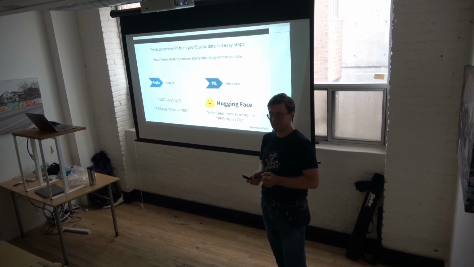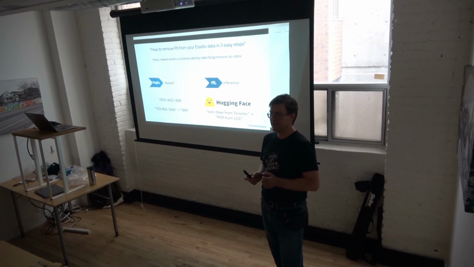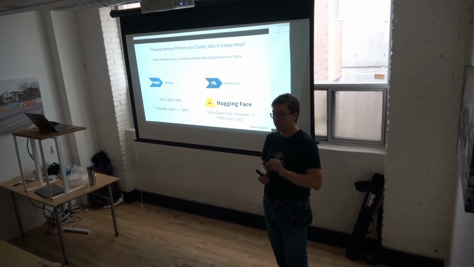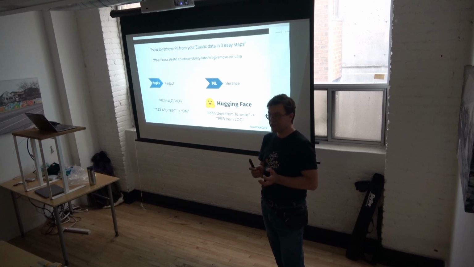Great, we have at least some people who know what it is. It is a small set of processors, pieces of configuration code which you can put in Elastic to process all your incoming events and maybe apply some transformation. You can drop some events, change some events, filter events.